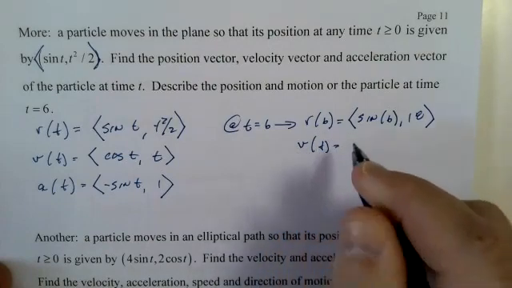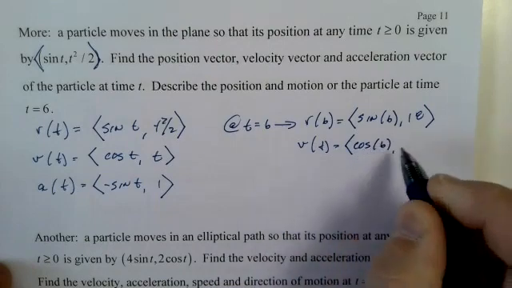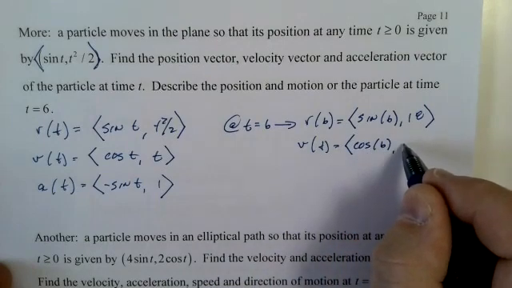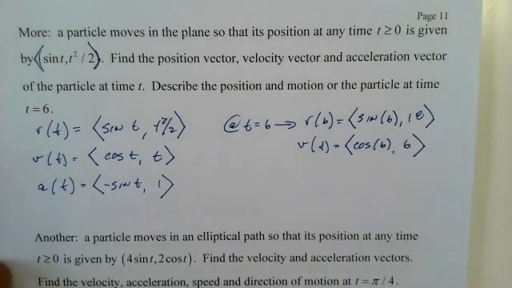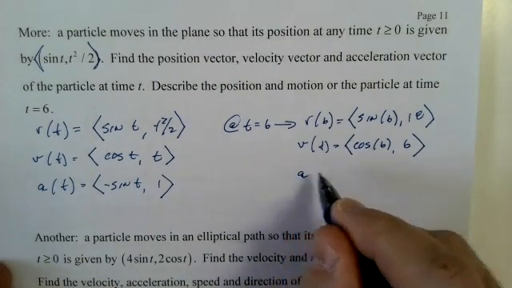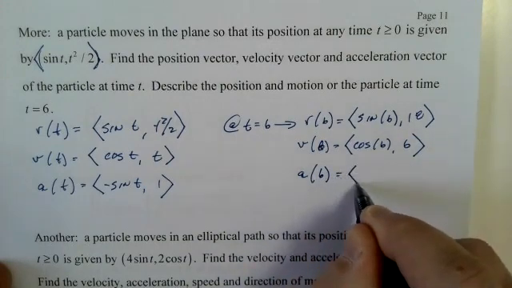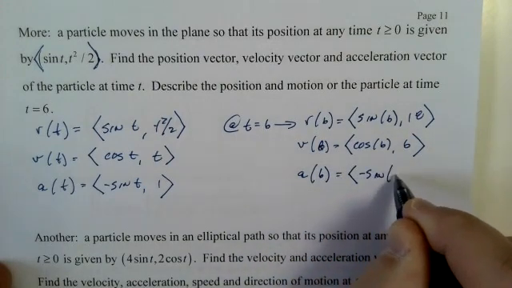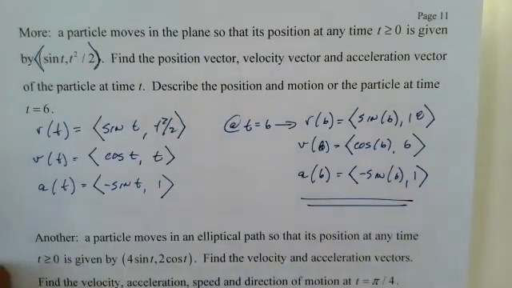The velocity vector gives us cosine of 6, 6. And the acceleration vector gives us negative sine of 6, 1. Right? Just blasting it out.